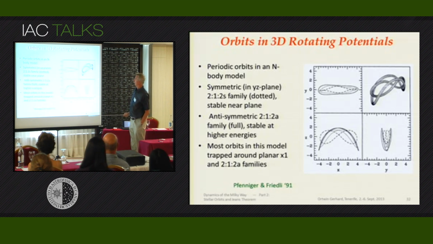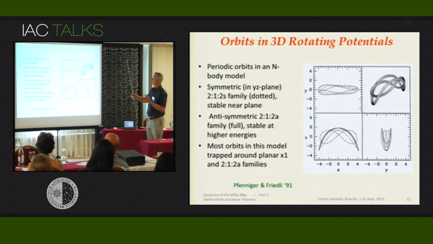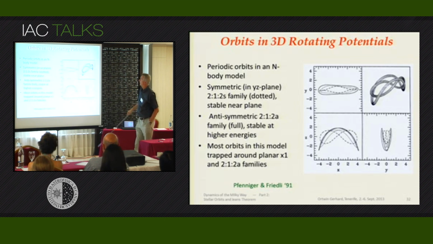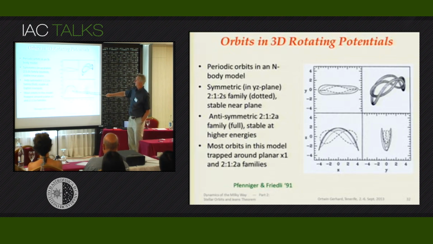Okay, this is now from a later paper of Pfenniger and Friedli, and here some of the orbits that they found in n-body simulations are plotted, and you can see this is X and Y, and there's some perspective plot of the same orbit here, and there's Z, and so you can see that these orbits can look like sort of bent bananas, I think they're called, some of them, and then there's the anti orbit of this, which looks a bit like a figure of 8.